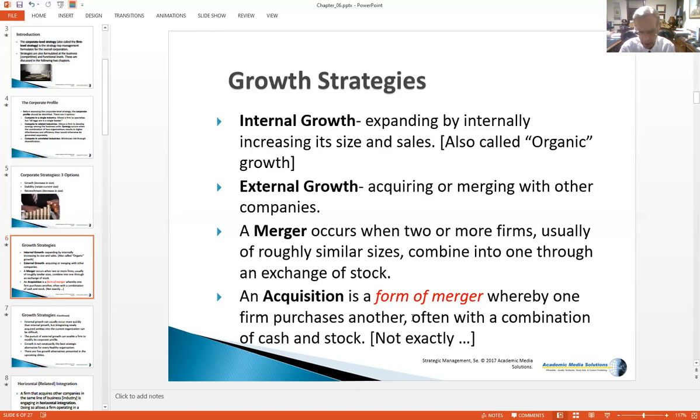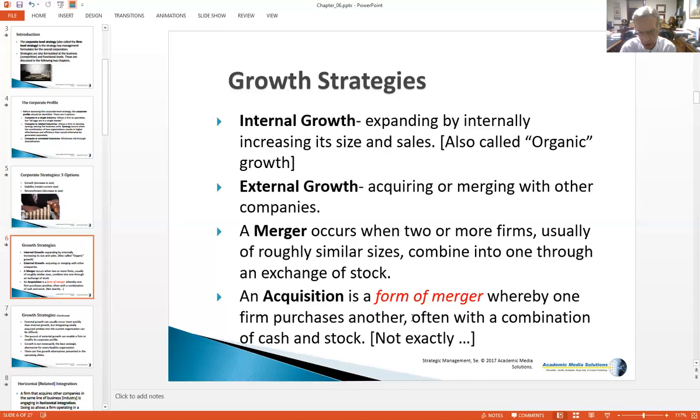But when they do, those buyers form a firm which purchases the other firm. But you want to take the language in this bullet with a little grain of salt. And John says often with a combination of cash and stock, and it really depends.